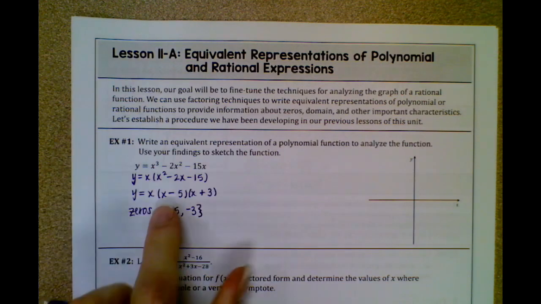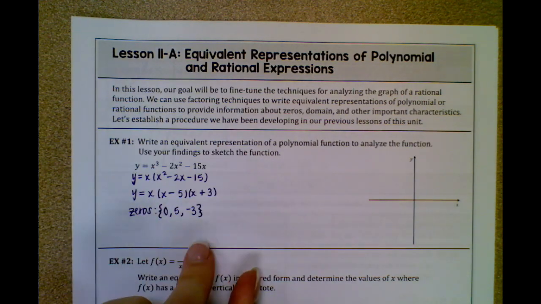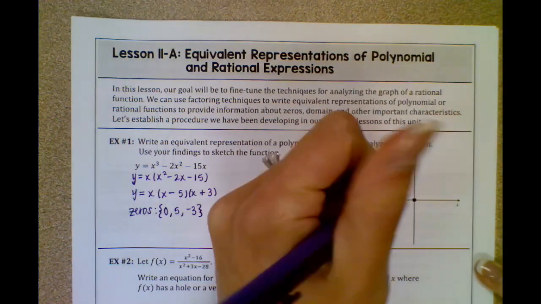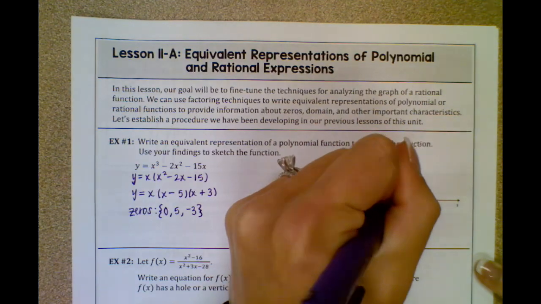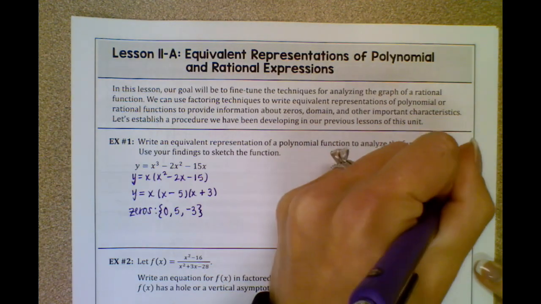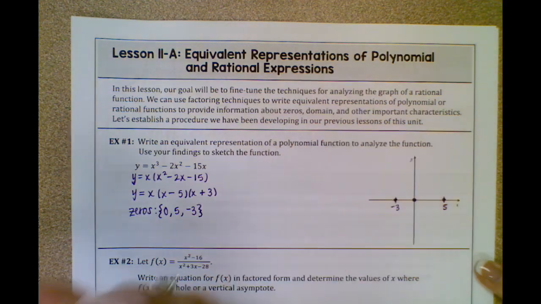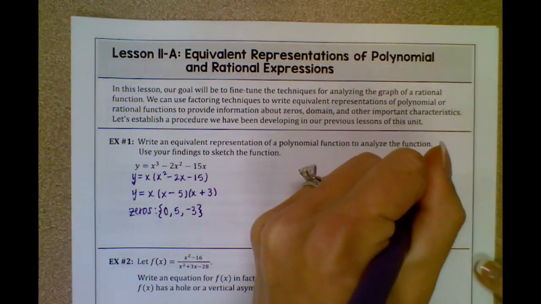And remember, I get those by setting each of these equal to 0. Okay? So I'm going to plot those on my graph over here. So I've got 0. I'm going to say that this is negative 3 right here, and this is 5.